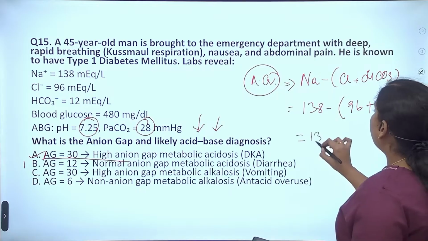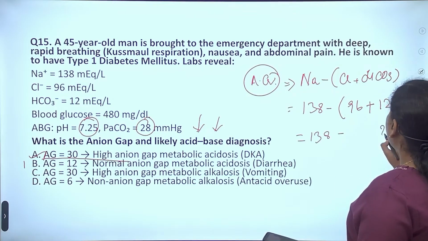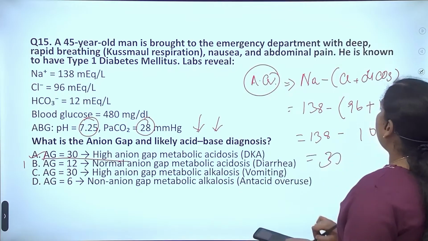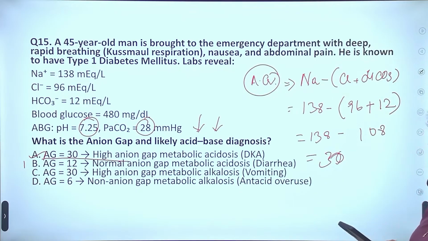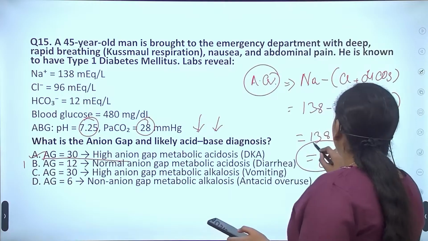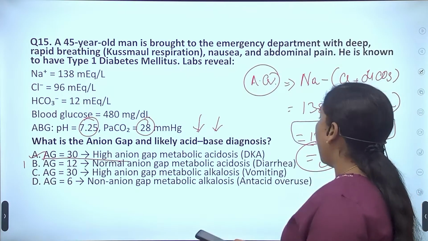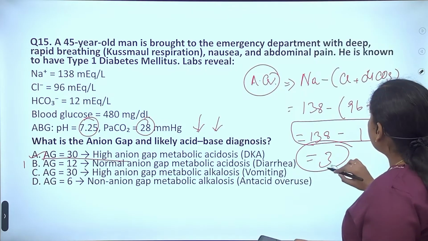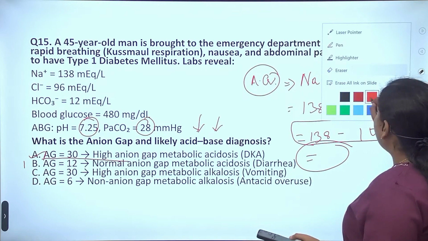So 138 minus 108 is equal to 30. Your anion gap is 30, right? It is not 20, it is 30. Be clear with the calculations.